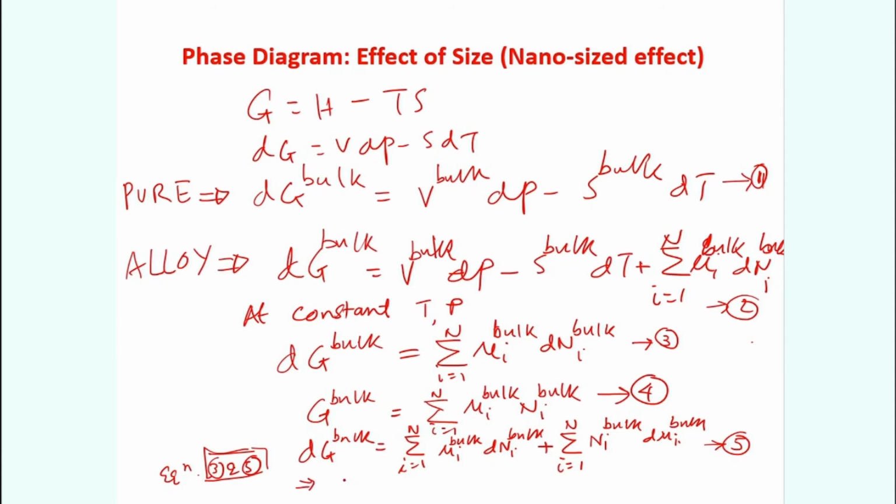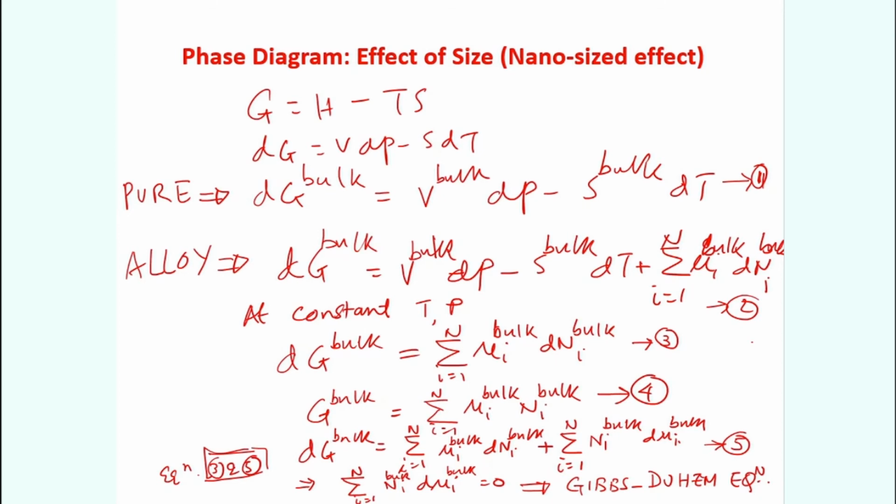You will simply get this: the summation over i of Ni bulk d mu i bulk equals 0. This is known as the Gibbs-Duhem equation for bulk. Many of you have studied that. It's nothing new.